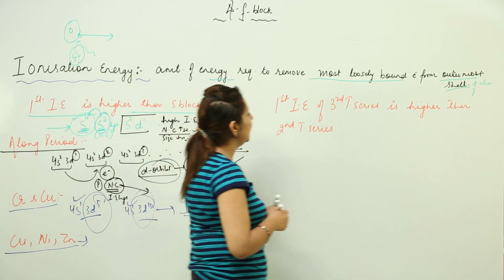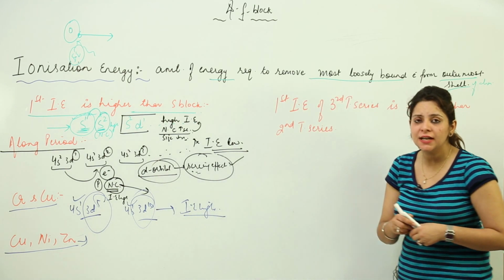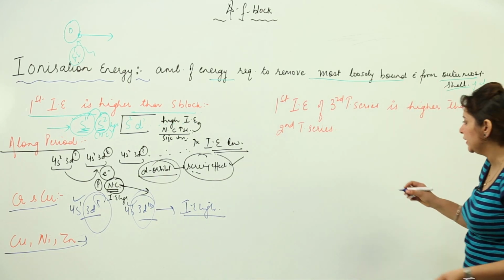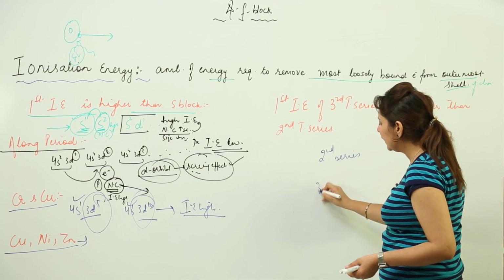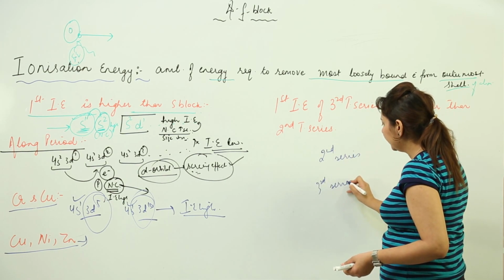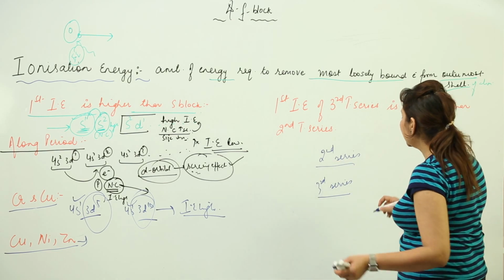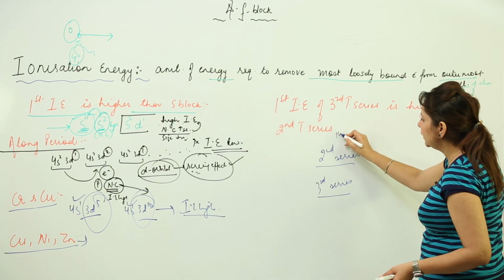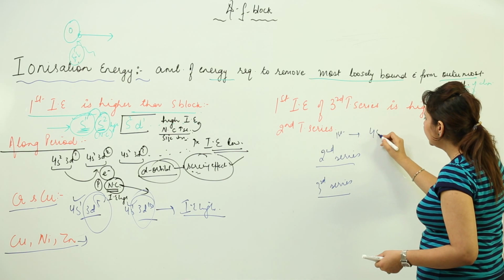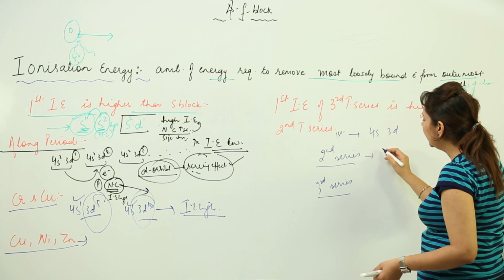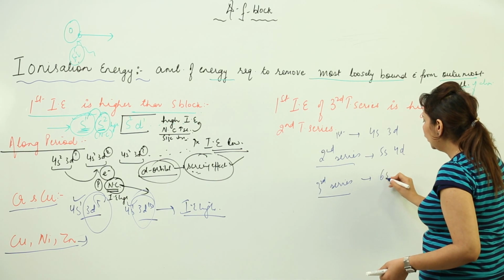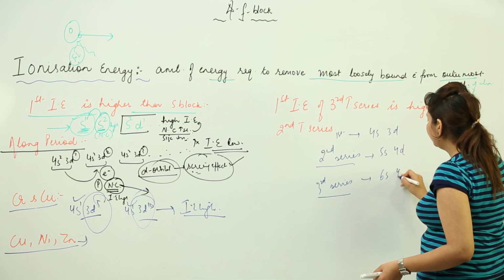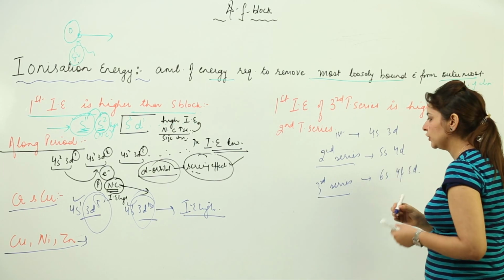Now if we compare the ionization energy of the third transition series with the second transition series, let us take an example. Suppose this is my second series and this is my third series. In the first series there is a filling of 4s and 3d, in the second there is a filling of 5s and 4d, and in the third there is a filling of 6s, 4f and 5d.